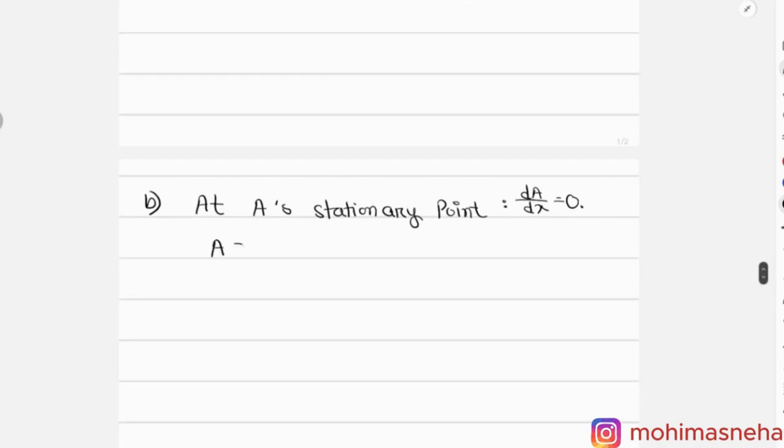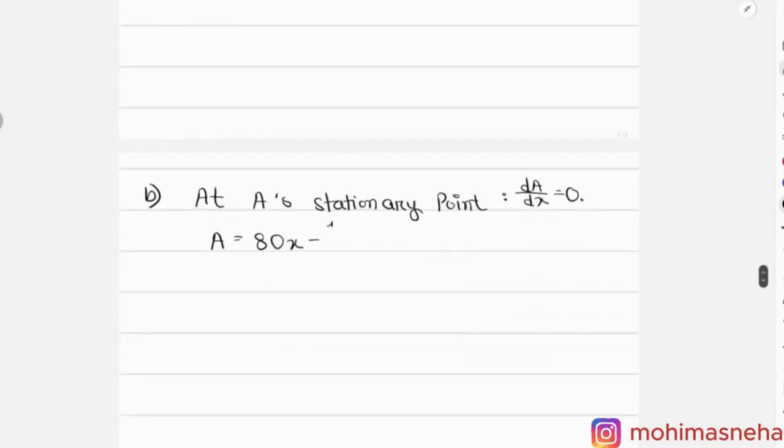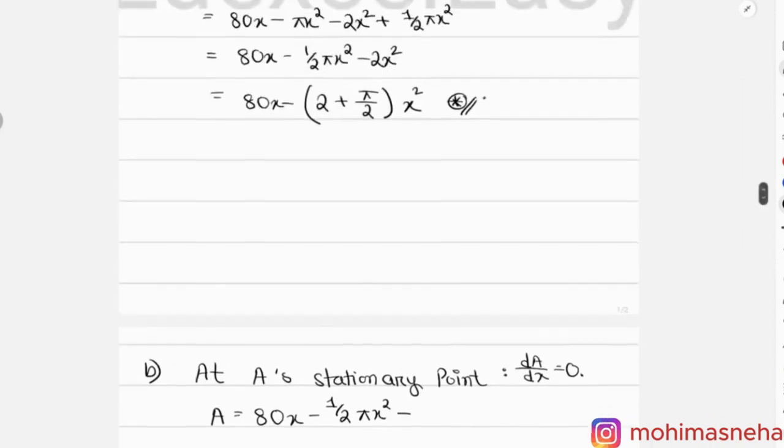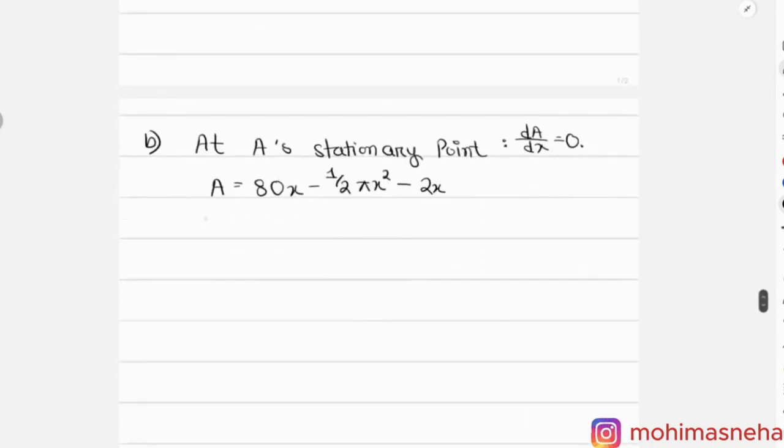A is going to be 80x minus half pi x square minus 2x square, and then I'm going to find the differentiation dA by dx. 80 will be just 80, half multiplied with 2 is going to be 1, so you get pi x, and this is going to be minus 4x, right?